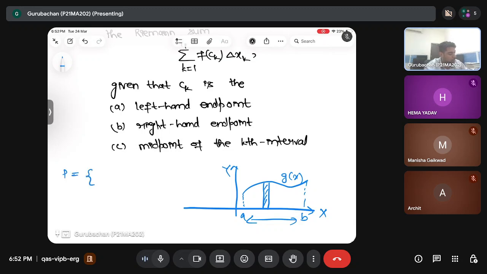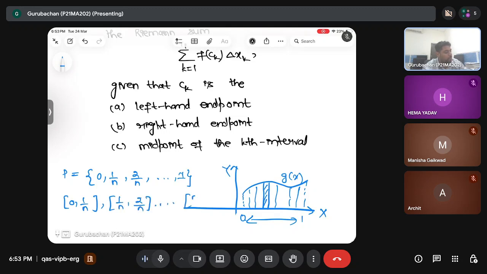For example, suppose for simplicity this is 0 and this is 1. A partition can be in any sense. You are just dividing this interval into subintervals. First of all, I am taking the uniform partition, that is equal length 1 by n. So there will be subintervals 0 to 1 by n, 1 by n to 2 by n, and n minus 1 by n to 1.